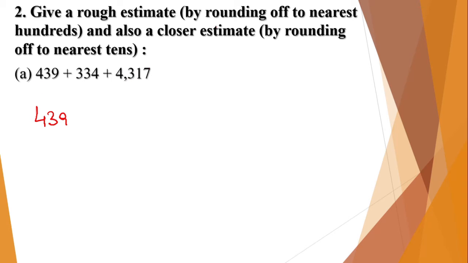So let's take 100. Now we should circle 4 here because it's in hundreds place, and circle 3 because it's next to 4. Now we should check if 3 is in the first group or second group. Now in the first group we have 1, 2, 3 and 4.